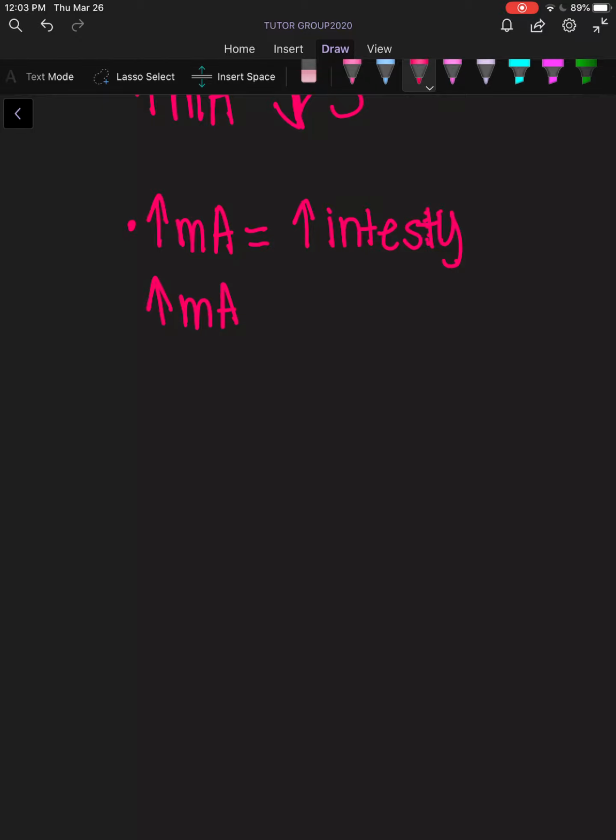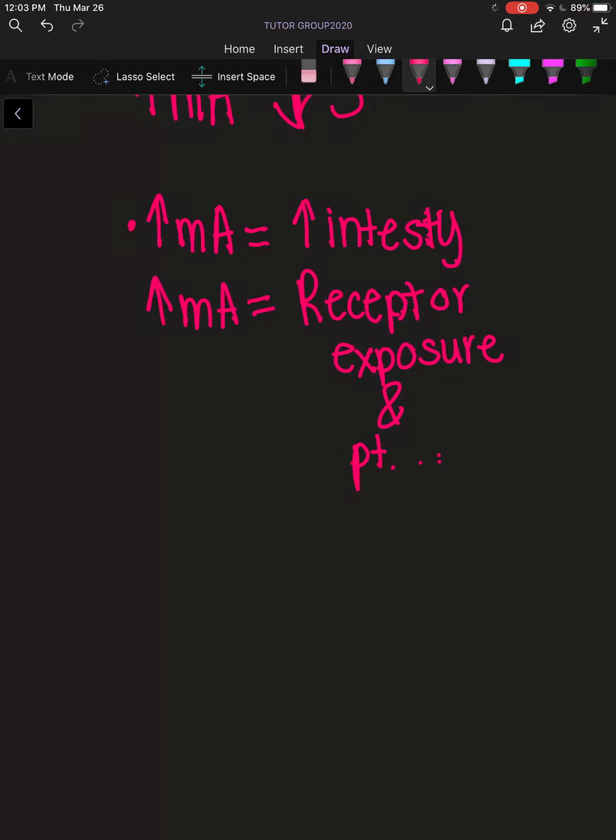Also, if we increase our mA, like we said earlier, that is going to increase your receptor exposure and your patient dose, which makes sense, like we talked about earlier. mA is the measurement of tube current, and we know that tube current is the flow of electrons in the tube.